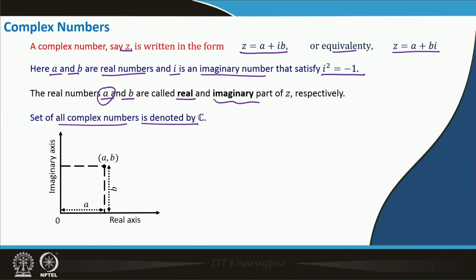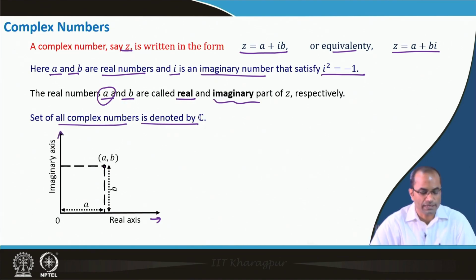And just to show this geometrically, there are two ways. One we can think of as a point in this two dimensional plane. This x axis we call in this context the real axis, and this y axis we will call the imaginary axis.